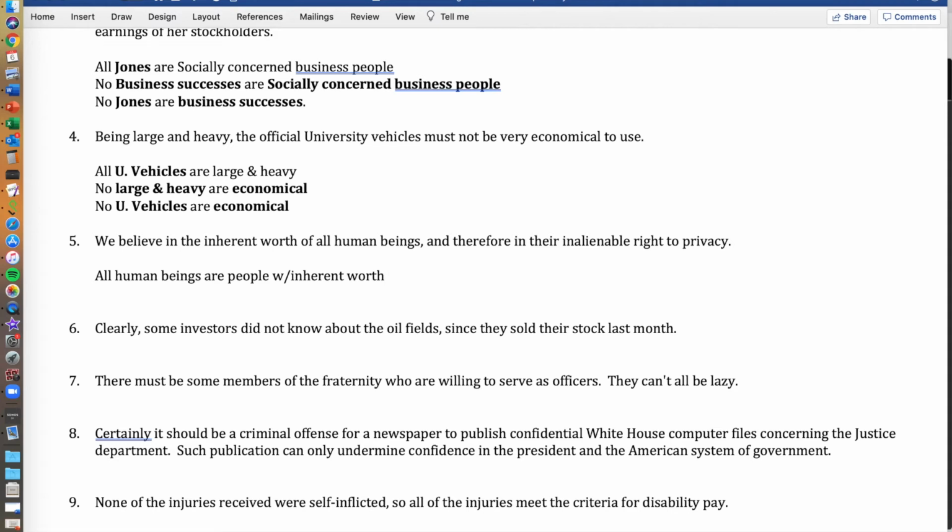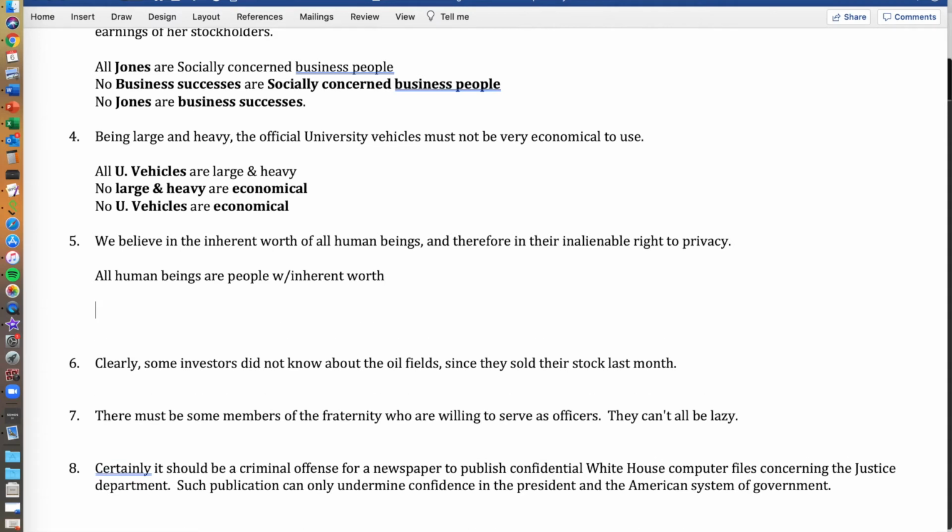And then we move to the conclusion after the therefore, in their inalienable right to privacy. Whose inalienable right? The same people that we're talking about. All human beings are people with a right to privacy. Okay? And now we're ready to apply the rules of inference.